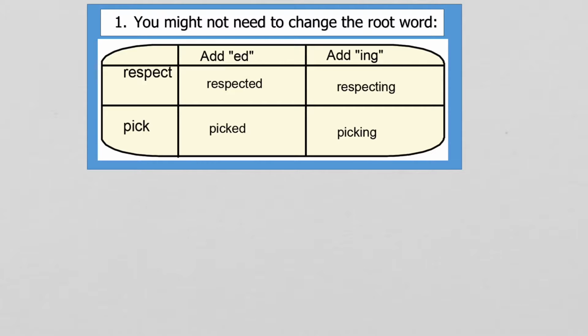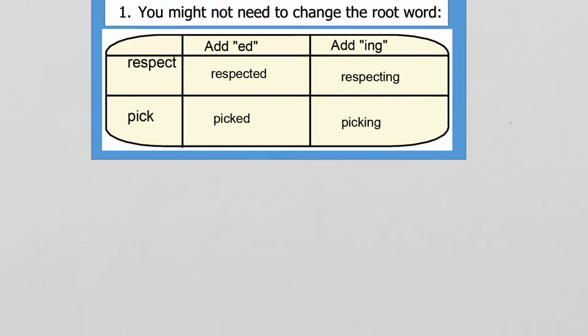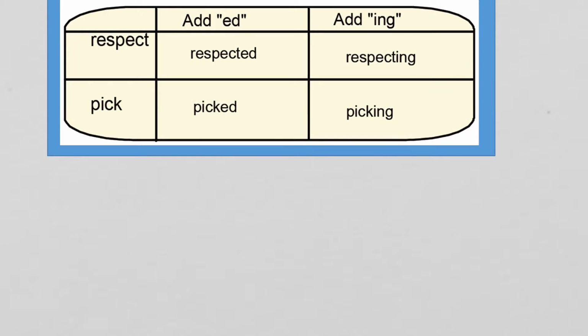In both of these cases, you notice that all we had to do was either add ed or add ing. We didn't have to change how the root word was spelled at all, right? Just look at respected, R-E-S-P-E-C-T. We just added ed to get R-E-S-P-E-C-T-E-D.